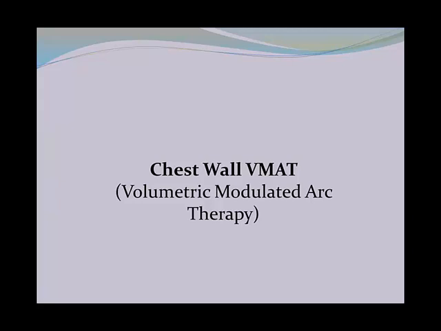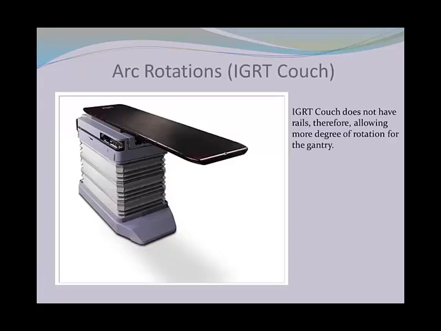Because it has these metal rails like you see on its side, even though we slide into the middle prior to VMAT treatment planning, our physicists are worried that we still might rotate through these rails, so they give us a rotation that they feel comfortable will completely avoid these rails. So for clockwise rotation with the traditional couch, they want us to go from 205 to 155, and then 155 back to 205 for counterclockwise.